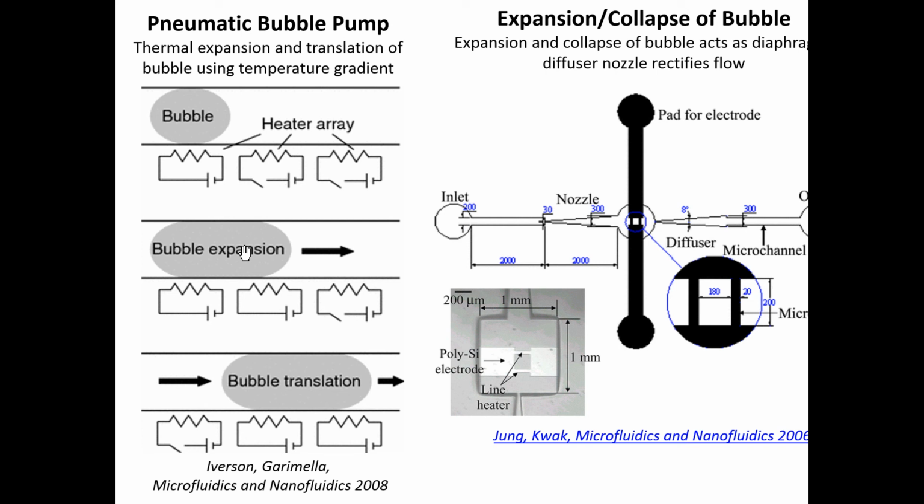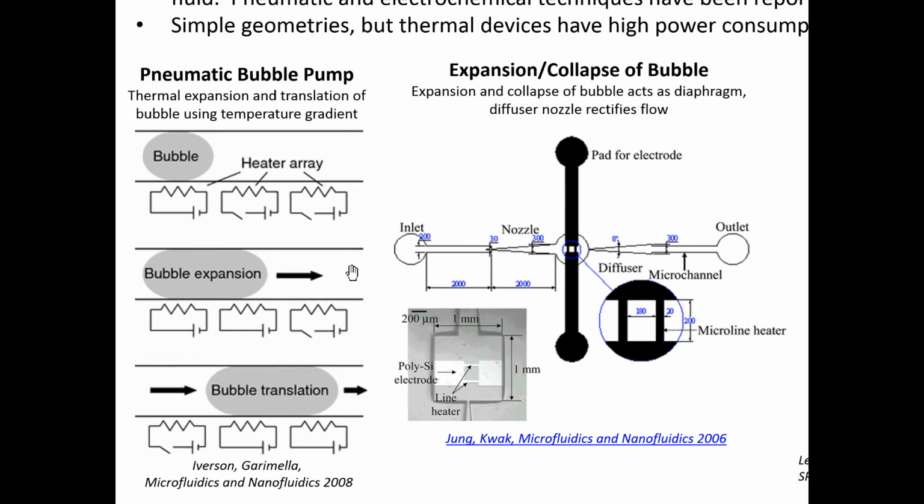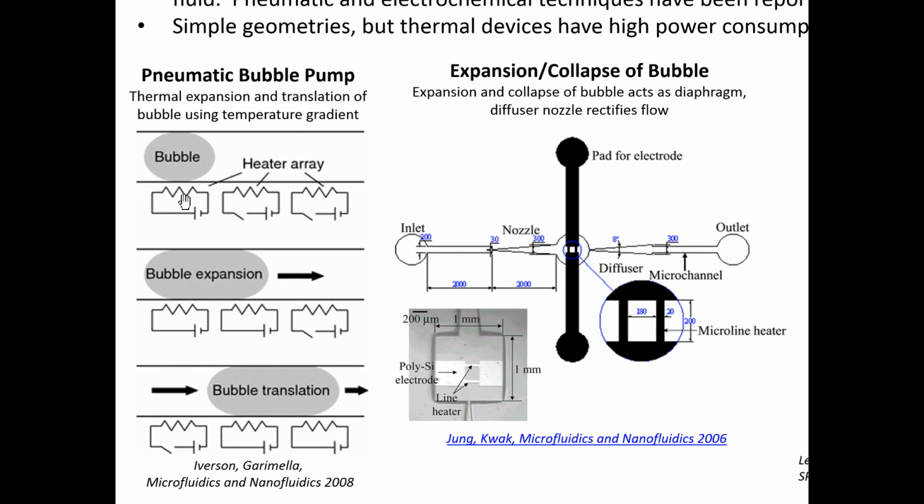So if you create a temperature gradient, a bubble can start to move. That's why the bubble that's generated here moves from left to right. As the bubble is generated, you can see that fluid is displaced from left to right here. So this particular example was generating a bubble and then moving that bubble.